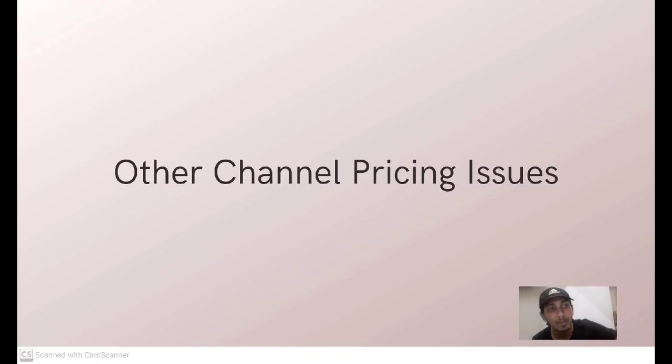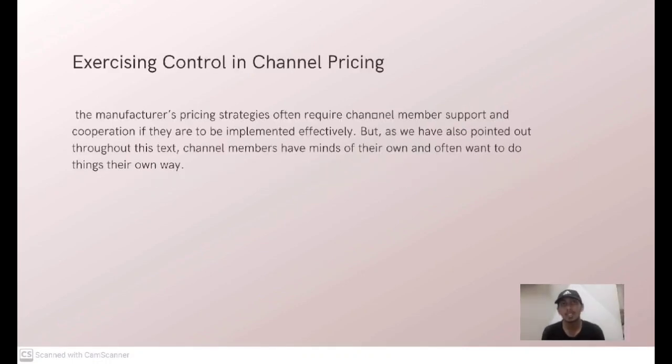So first we go to exercising control in channel pricing. I started early in this chapter. The manufacturer's pricing strategy often requests channel member support and cooperation in order to be implemented effectively. But as we have also pointed out throughout these steps, channel members have minds of their own and often want to do things their own way.